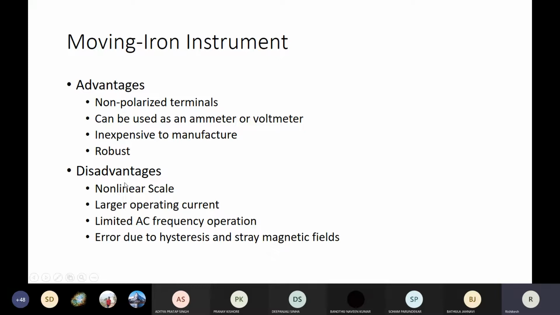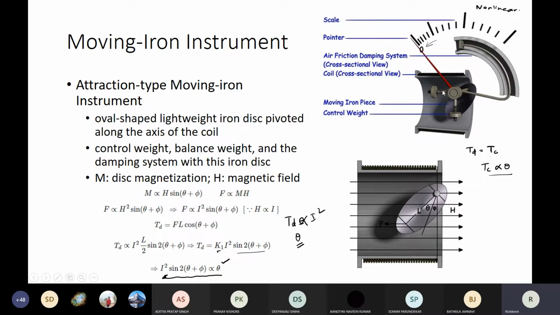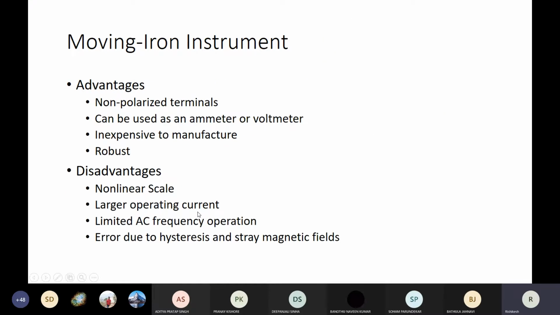What are the disadvantages? Similar to the electrodynamic instrument, the scale is not linear, so it is not easy to calibrate the instrument. And the operating current, that means the current which is required to generate the deflection of the pointer, is significantly higher, so in milliamperes or so, whereas in the case of PMMC, even a microampere is sufficient to develop the required amount of deflection.